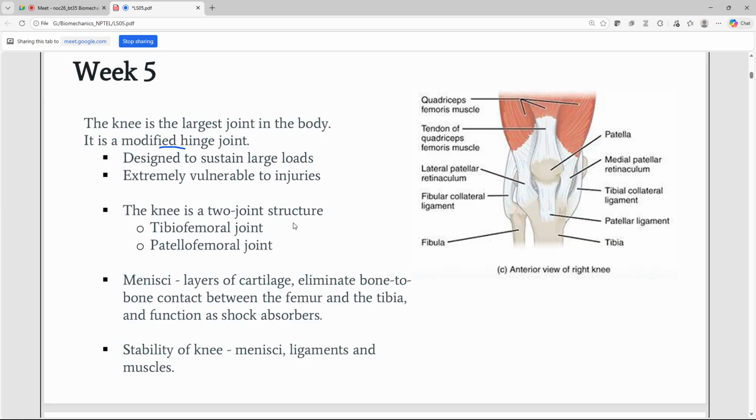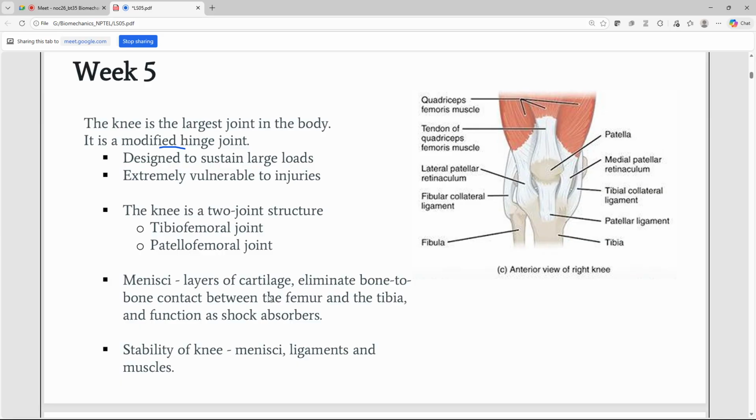So the knee joint is a two-joint structure. The two joints are the tibiofemoral and patellofemoral joints. And most of the injuries with respect to aging happen in the menisci. It's a layer of cartilage, because in old age knee pain and knee issues are common in elderly people.